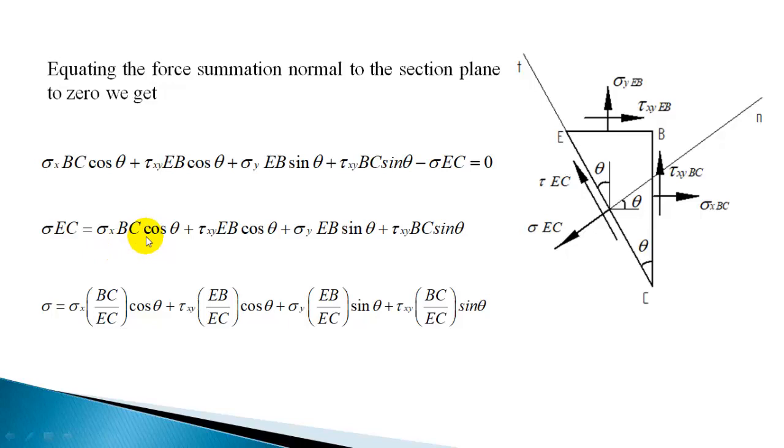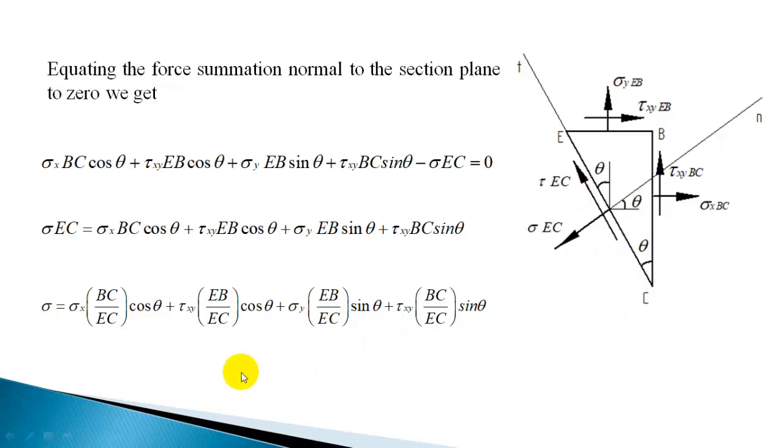You'll get sigma x BC by EC into cos theta, plus tau xy into EB by EC cos theta, plus sigma y EB by EC into sin theta, plus tau xy BC by EC into sin theta. Now from this triangle, BC by EC is cos theta, adjacent side by hypotenuse, cos of this angle, and EB by EC is sin theta, opposite side by hypotenuse.